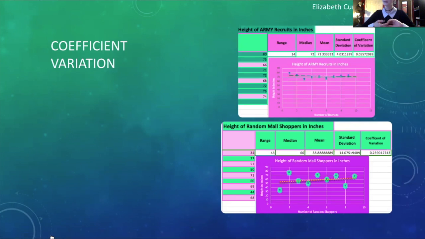The height of random mall shoppers, though, could be men, women, children, and that's why it's so sporadic when you look down and see the randos, as I call them, in inches versus the Army recruits. The standard deviation for the Army is 4.03, and the standard deviation for the randos is 14.07, which is a big difference. So, that being said, let's move forward.